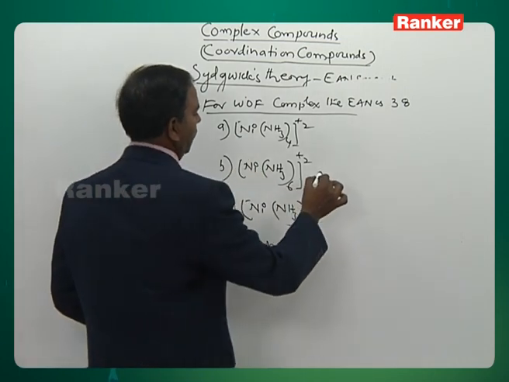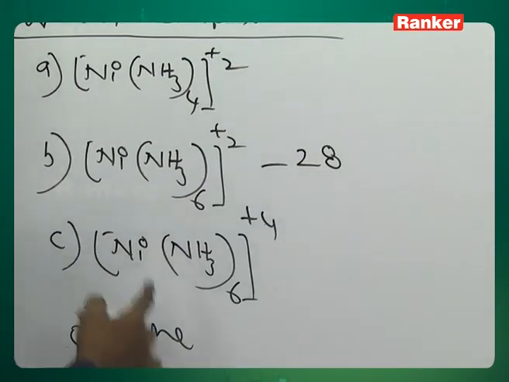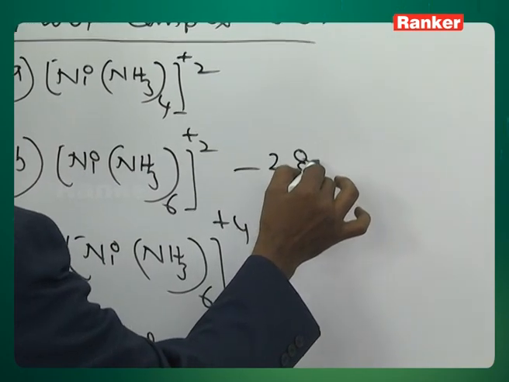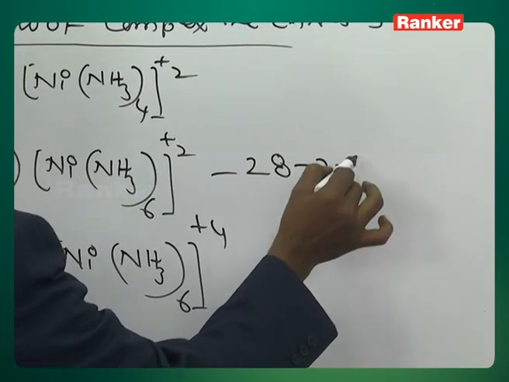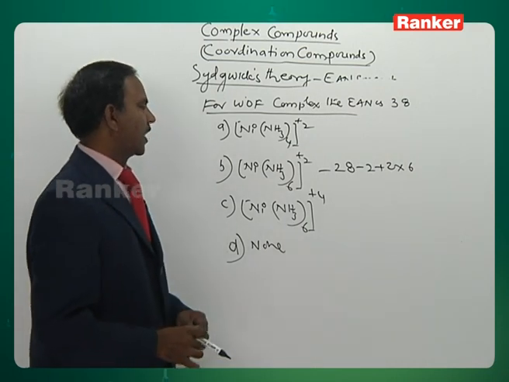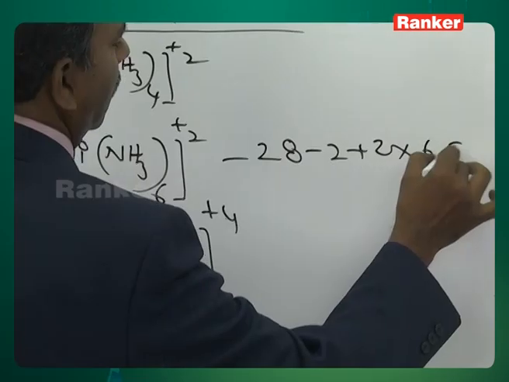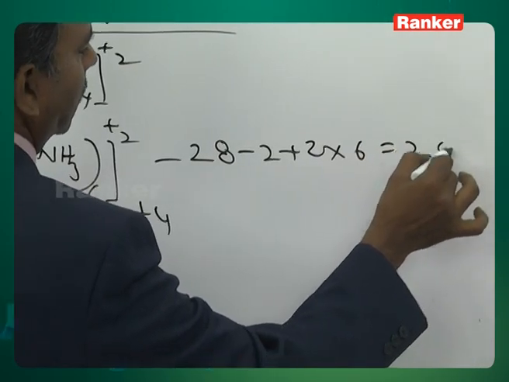Then let me see this particular B. It is actually 28. Oxidation number you know. Plus 2 means minus 2. 2 into 6. For this particular complex, 26 plus 12. Then for this particular complex, we are getting 38.